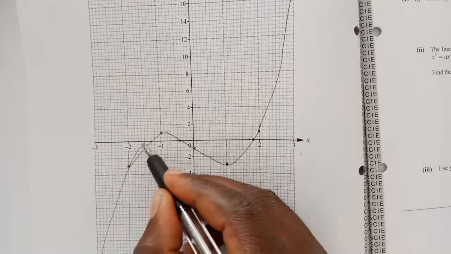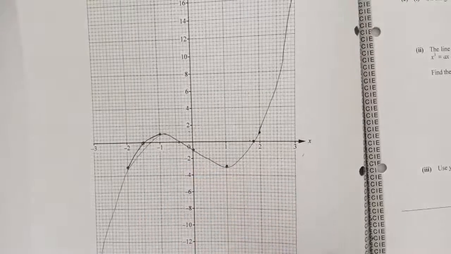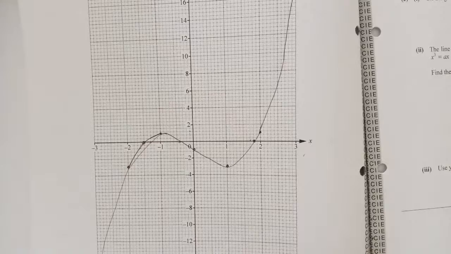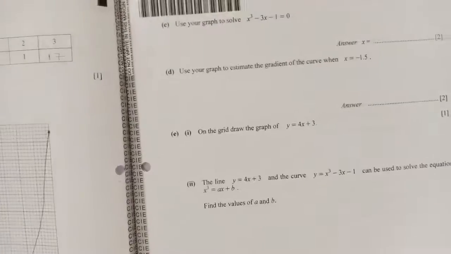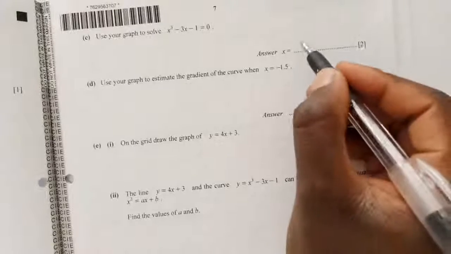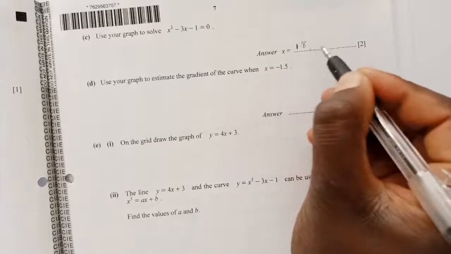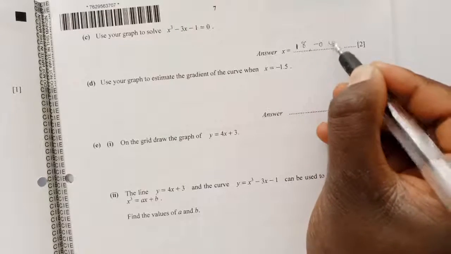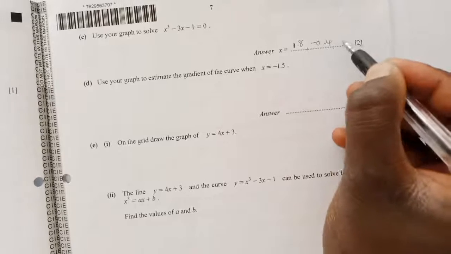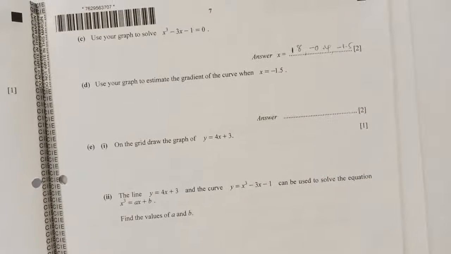It was supposed to pass here like this. So it's at negative 1.5. These are the solutions, so you write them over here. One is 1.8. Another one is negative 0.4. Another one is negative 1.5. So these are the three solutions.